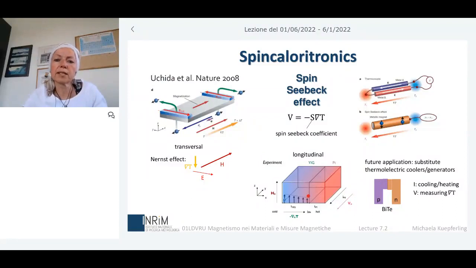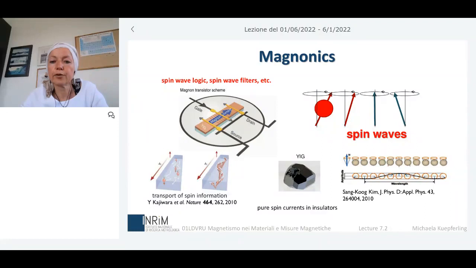Now you could prepare it simply with two layers, one of YIG and one of platinum. The only thing that is still missing is to improve efficiency. And the researchers are working a lot on improving efficiencies of this kind of devices.